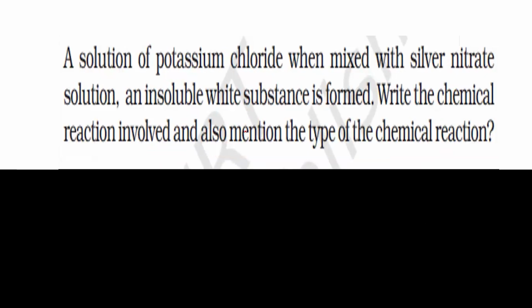Now the next question. A solution of potassium chloride when mixed with silver nitrate. Potassium chloride is KCl, right? It is mixed with silver nitrate. What is the formula? AgNO3. When they mix, an insoluble white substance is formed.